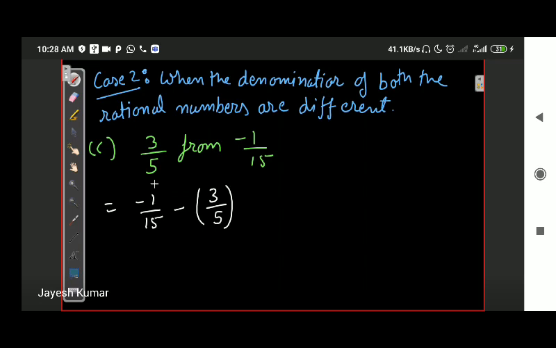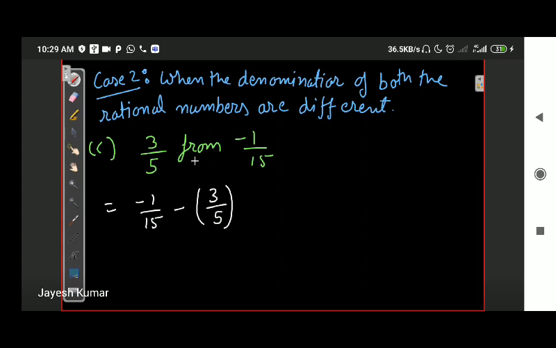The position of the numbers before and after the 'from' are interchanged, and in place of 'from', you put a negative sign between those numbers.